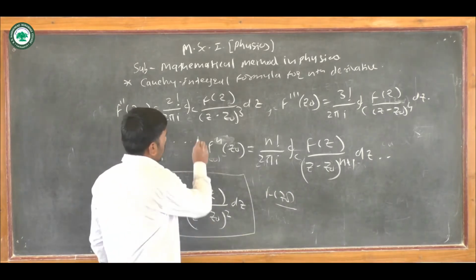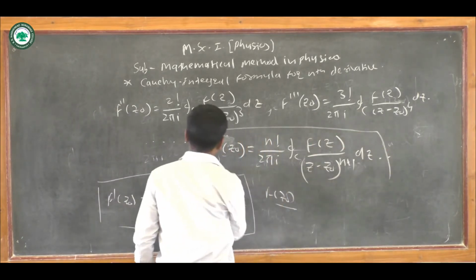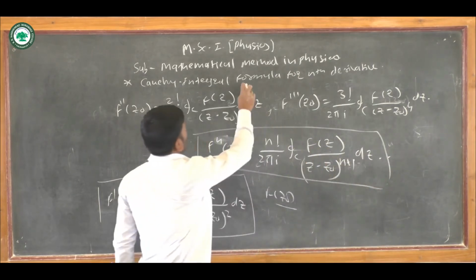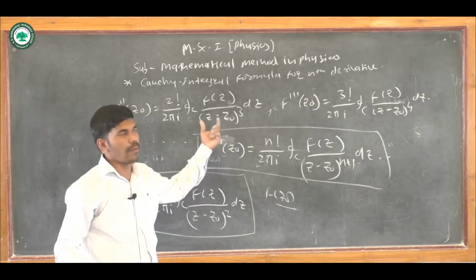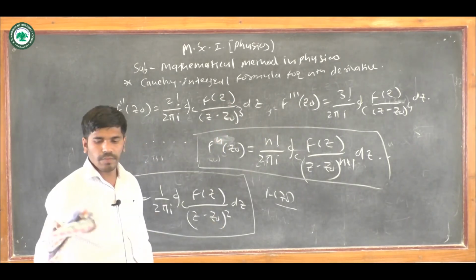So this is the general expression for the Cauchy integral formula for the nth derivatives. Okay, let's stop here.